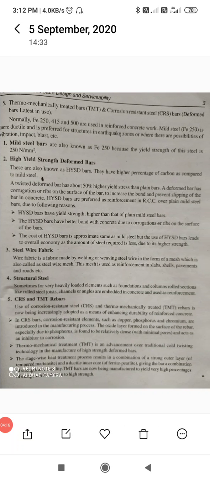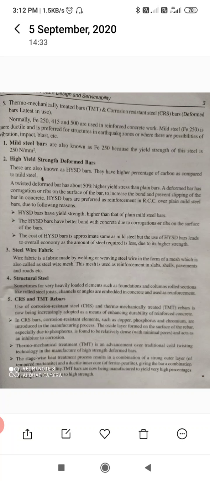One more: nowadays TMT bars are also used, called thermomechanically treated bars, and the corrosion resistant steel bars, called CRS deformed bars, are the latest in use. So nowadays these two bars are the latest used for various construction work in India.